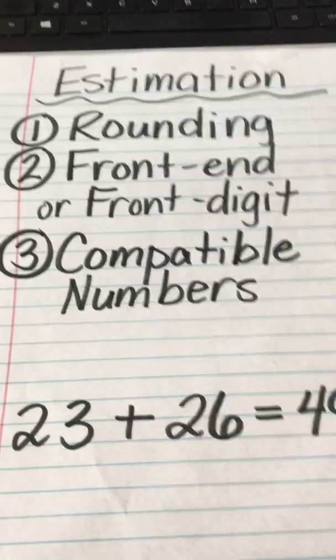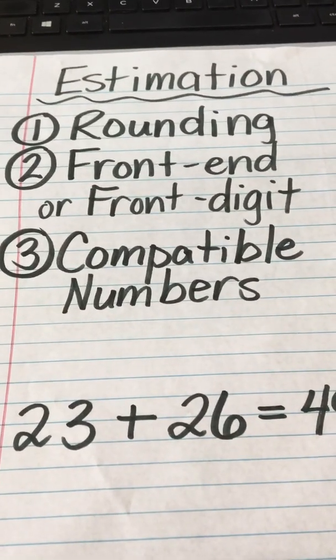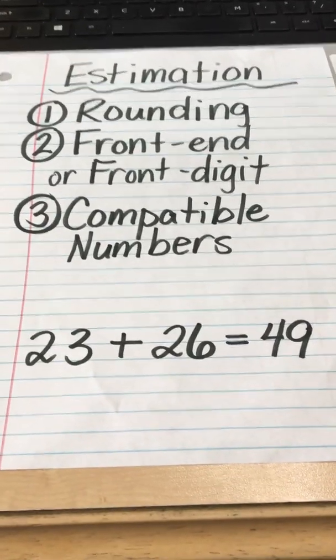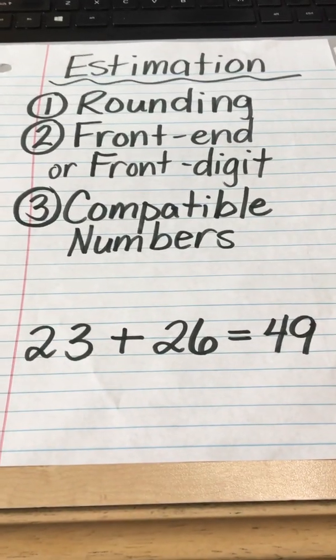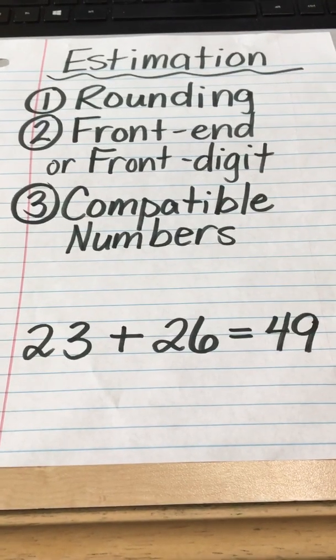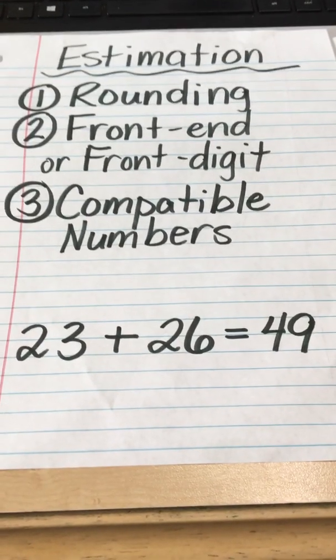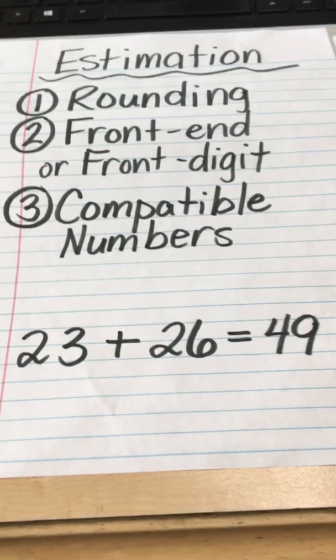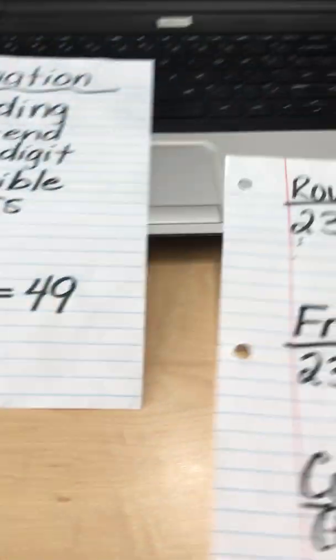And then the third kind of estimation is compatible numbers. Sometimes I call it friendly numbers. So I'm using this same problem to teach all three kinds of estimation, 23 plus 26. And when you really solve it, the true answer is 49. Okay, so let's take a look at the three kinds of estimation together.